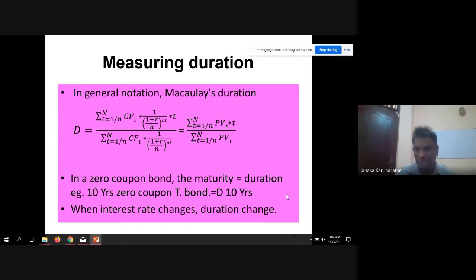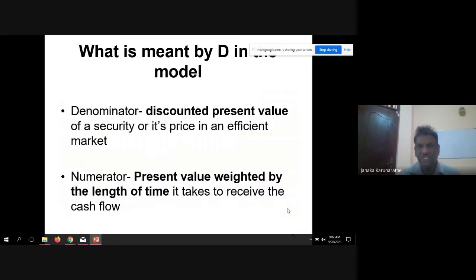Because maturity and duration are the same. You don't have to work it out in mathematics. So it's the same, 5 years. So for a 10-year zero coupon bond, the maturity is 10 years, duration also 10 years. Now, an important factor is that when interest rate changes, duration also changes. So that is the part for our market risk management. When the interest rate changes, duration changes.